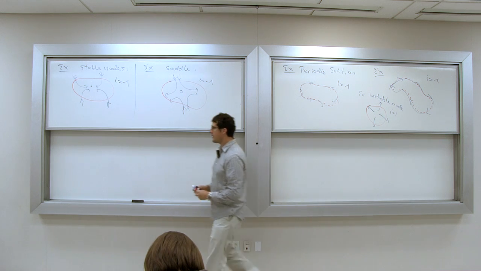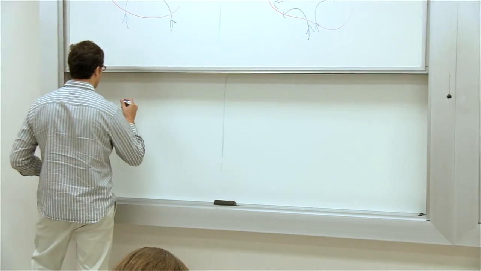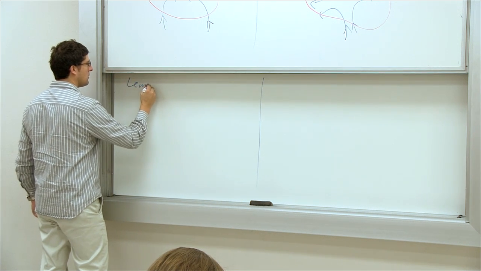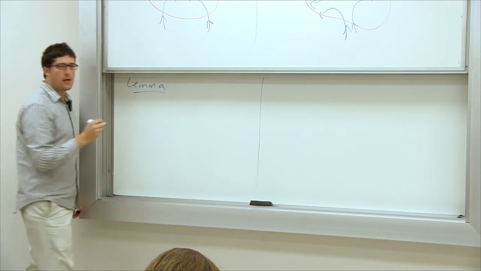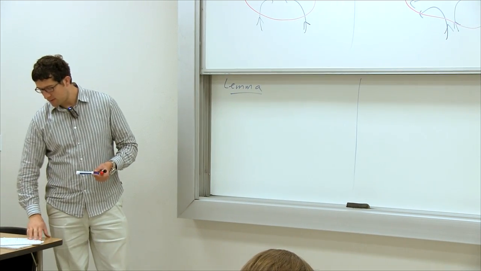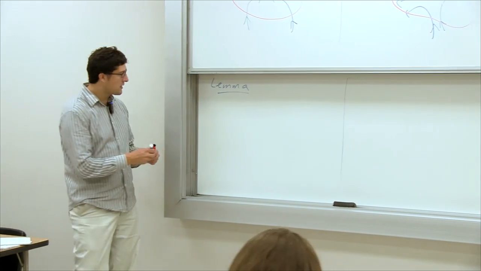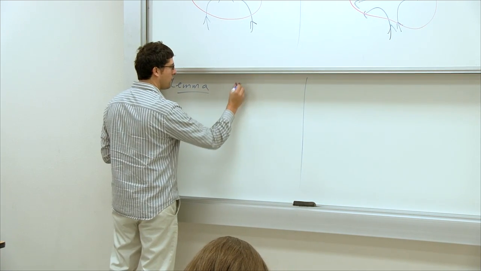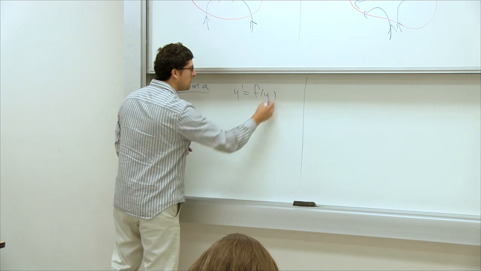Now let me write down a lemma. Okay, I'm going to first draw the diagram and then we can see what the lemma looks like, okay? So suppose that I have a vector field, once again, y prime equals f of y.